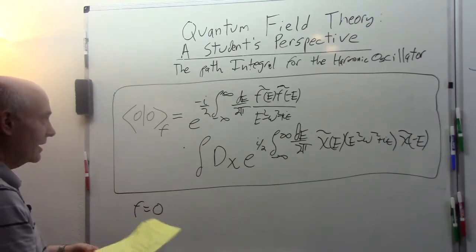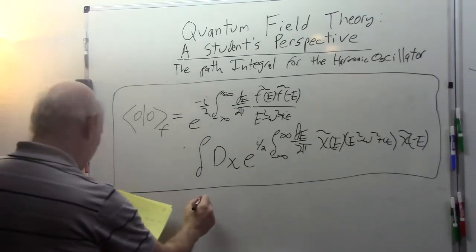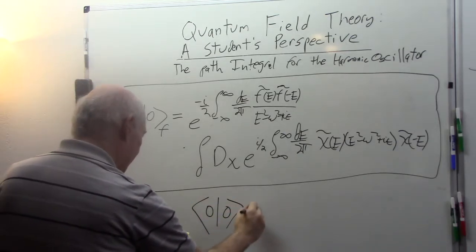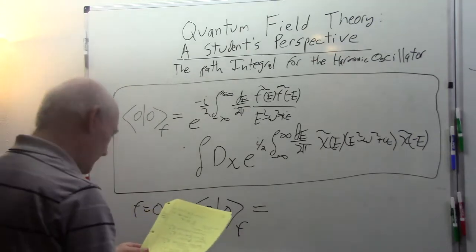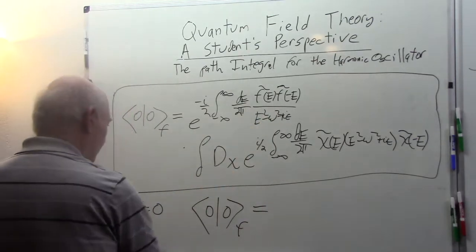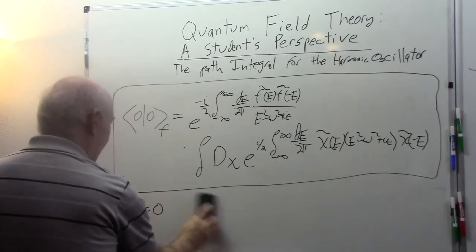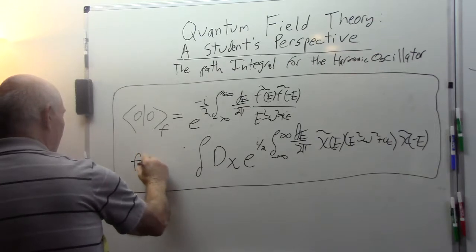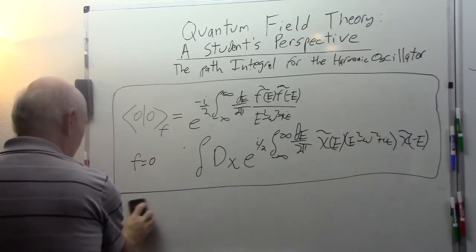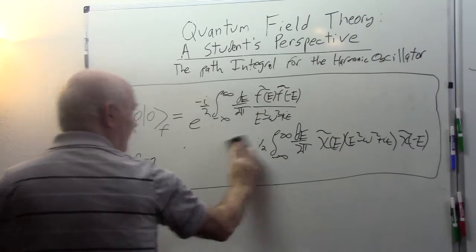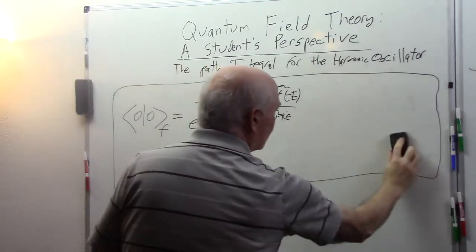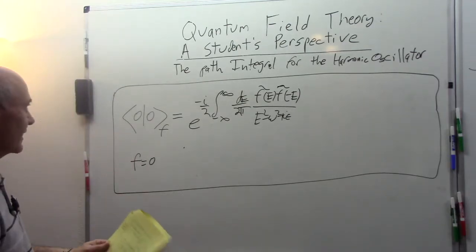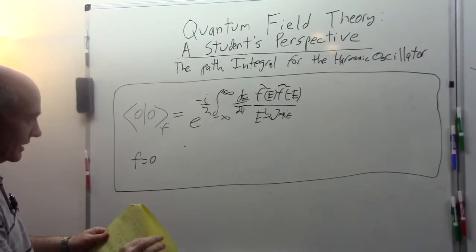So we end up getting that our ground state to ground state transition amplitude in the presence of a driving force is just this part over here. So I'm not even going to write it again. I'm just going to say when f equals 0, we just erase this part because it's equal to 1. And this is our ground state to ground state transition amplitude.